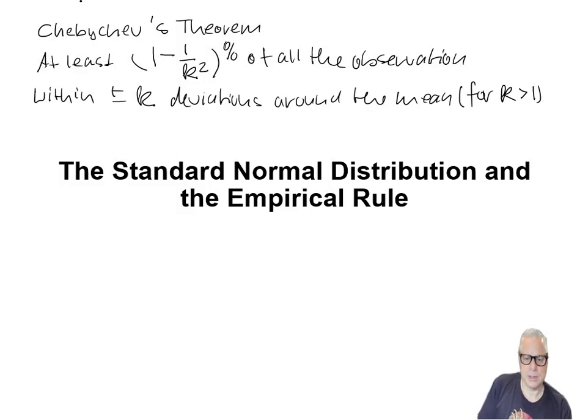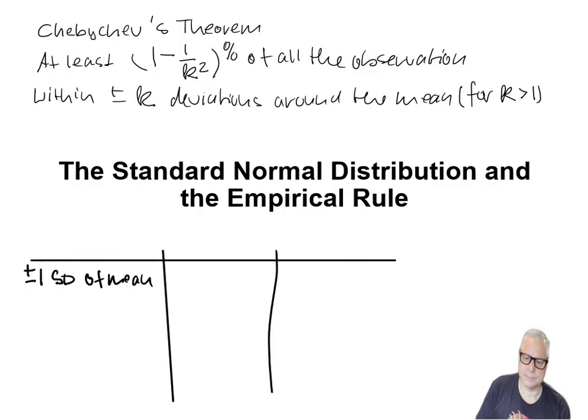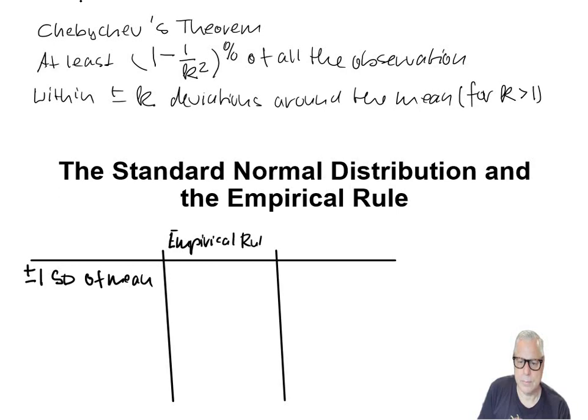So according to the empirical rule, if we have plus minus 1 standard deviation of the mean, then by the empirical rule we have roughly 68% of all the observations.